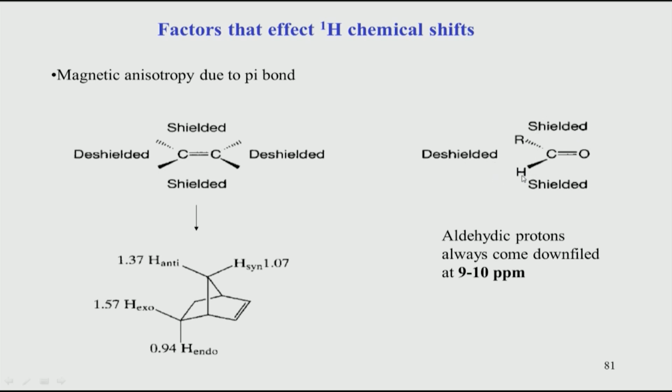So, this hydrogen lies in the deshielded region, and therefore it comes very downfield at around 9 to 10 ppm, which we saw in one of the slides where we looked at the chemical shift values of different functional groups. The aldehyde protons come very downfield shifted because in the carbonyl functional group they lie in the deshielded portion of the molecule. If something comes on this side, it becomes highly shielded.